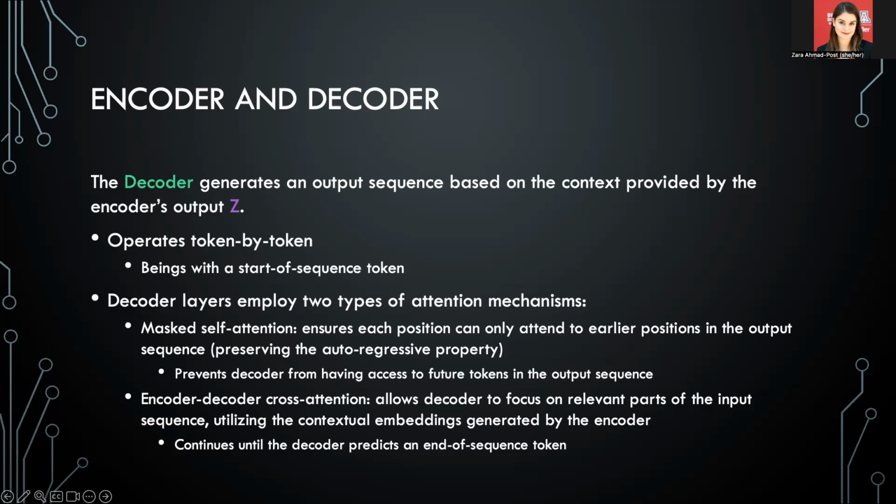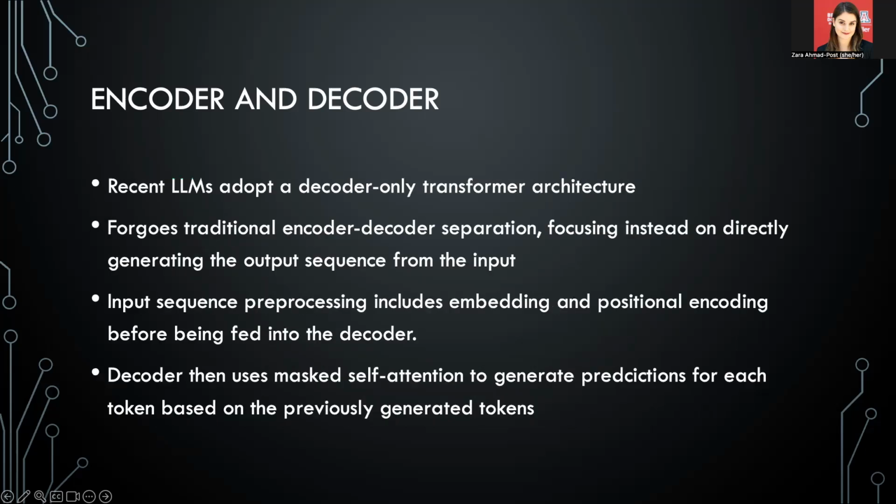Okay, great. All right, so a lot of the recent LLMs that are out use a decoder-only transformer architecture. That means we're not really adding a bunch of extra fancy stuff for our encoding layer. We're really just working with the decoder-only architecture. So it's going to focus a lot on directly generating the output sequence from an input, right?